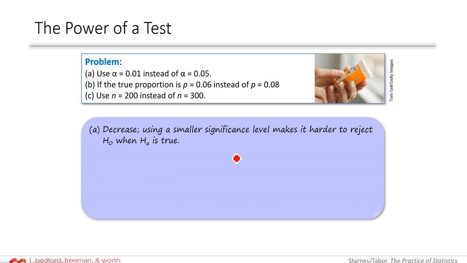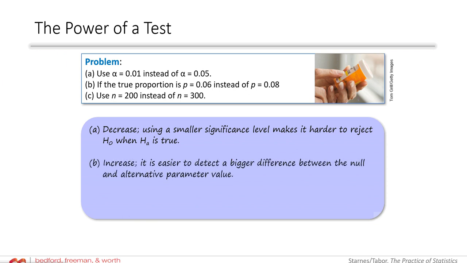So now, remember, your H0 was p is equal to 10%, HA was p is less than 10%. And we said the power of the test initially was for a given population proportion of 8%. Well, now the actual population proportion was 6%. That's further away from 10%, right?